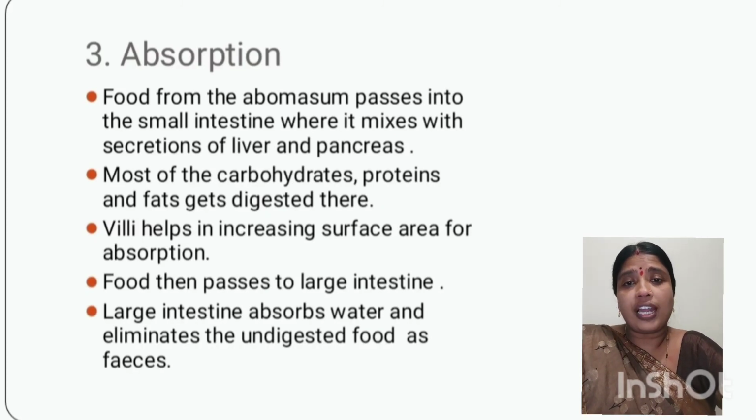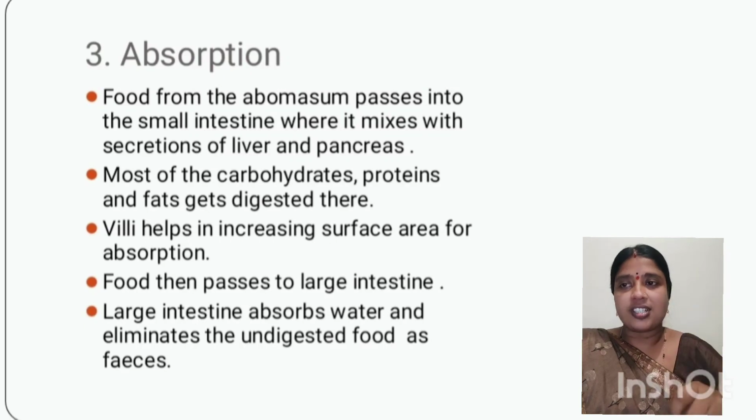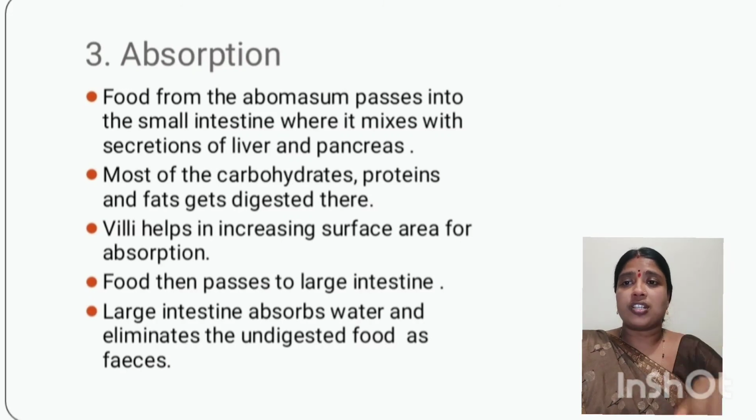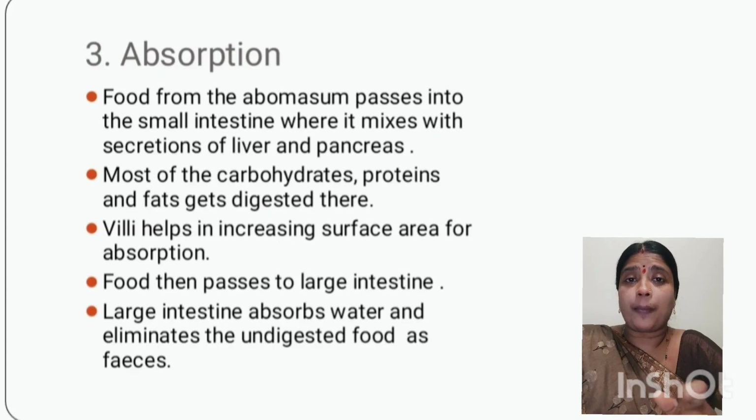Now also villi, finger-like projections, which we have already discussed in nutrition in human beings. Those finger-like projections help in increasing the surface area. These finger-like projections also have blood vessels in them. Okay, so these villi help in increasing the absorption.